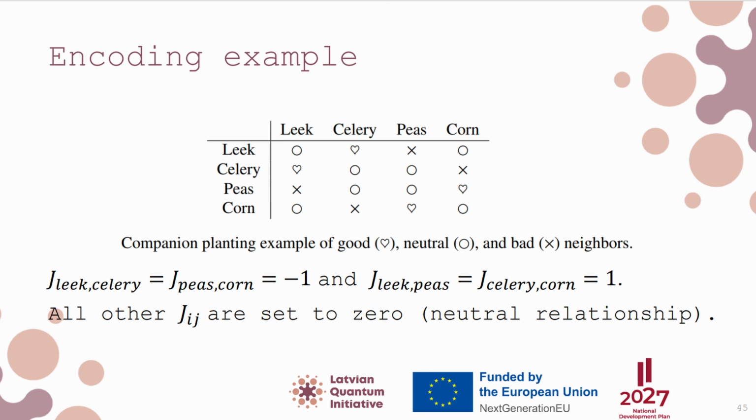This is the encoding phase. So we have +1, -1, depending on whether they're good or bad together, and 0 for those who are neutral. So this is how encoding can look for some smaller problem. For a larger problem, you can imagine there can be a lot of variables. And this is where conventional programming can be useful, because then you can automate it.